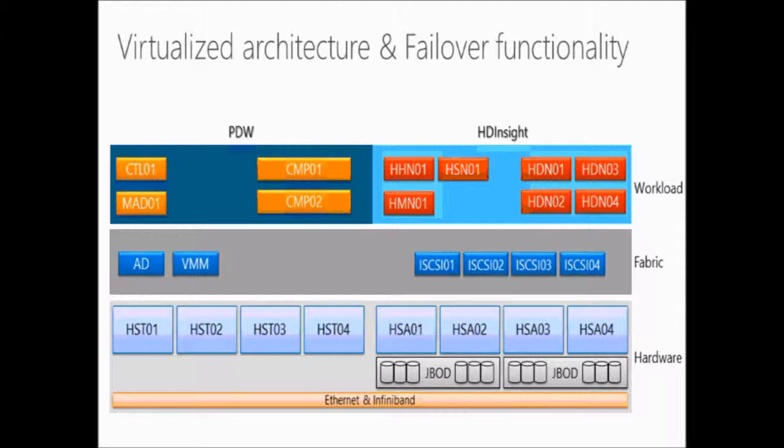In a half rack, we have 4 compute nodes, and all these servers are directly attached to storage, and we call them storage attached servers. And we also have non-storage attached servers, on which we run our other infrastructure machines. And this makes up our hardware layer.